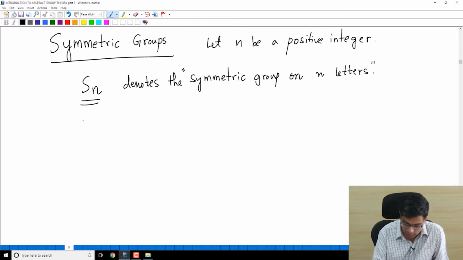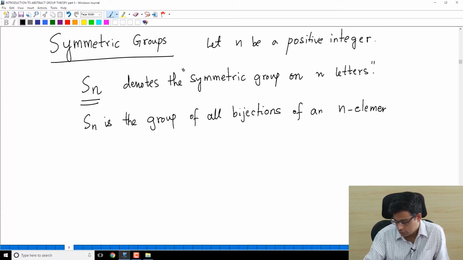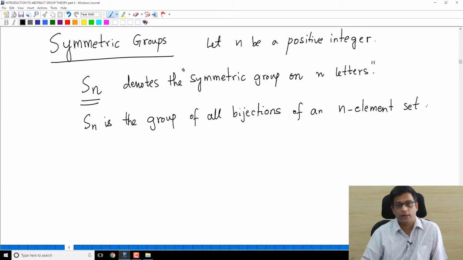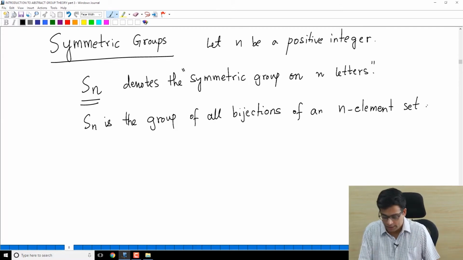So Sn is the group of all bijections of an n element set. You take a set with n elements and you consider all bijections of that set.